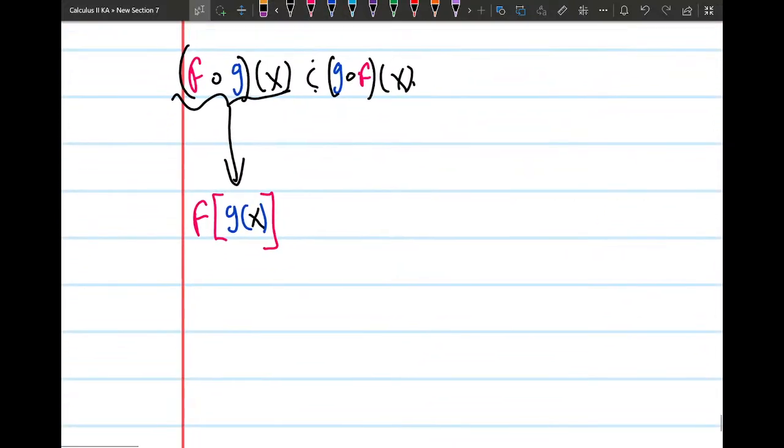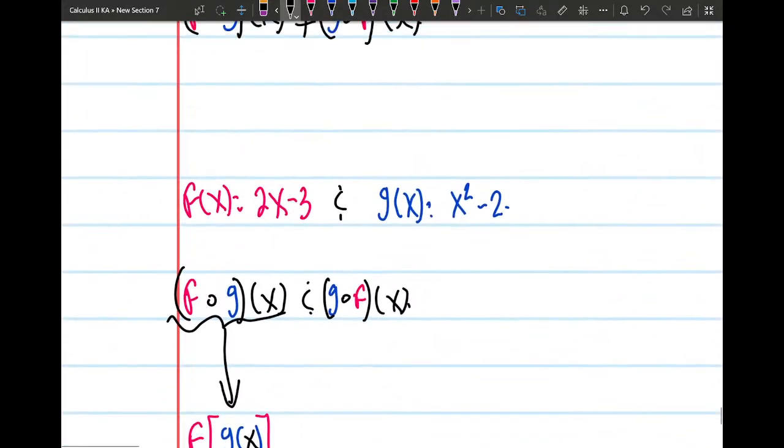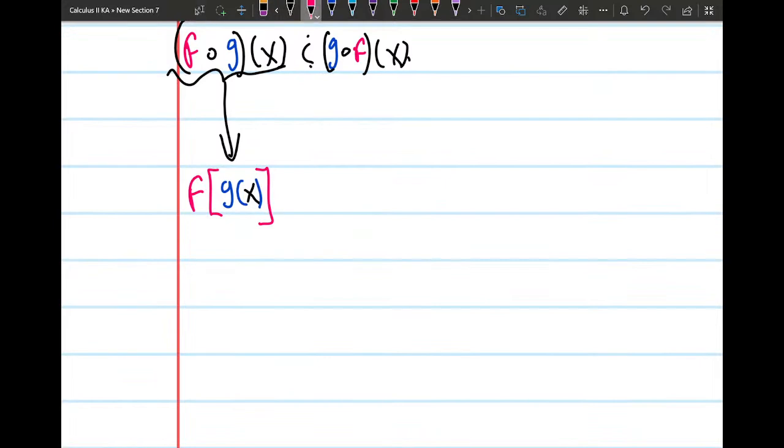And I know g of x is x squared minus 2, so really this is going to equal f of x squared minus 2. And so I know that my function f is the following.